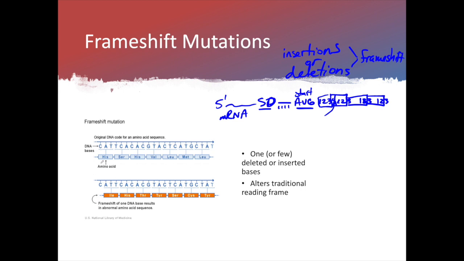Something was inserted here, and I've shifted my reading frame. My reading frame was normally, again, my CATs, but I have an insertion here of a T. You see this T here? And so now this has changed my reading frame. My reading frame is no longer CAT. It's no longer going to result in this amino acid sequence here.